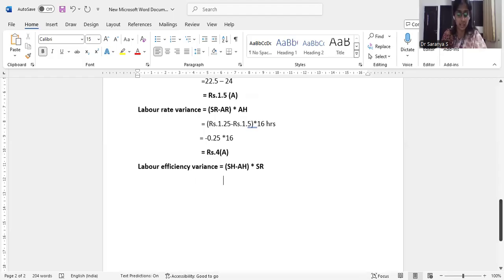Standard hour is 18 hours, minus actual hours taken, 16 hours, into standard rate, rupees 1.25. So 18 minus 16 is 2, into rupees 1.25. It is going to come as a positive figure. 2 into 1.25 is 2.5. Positive figure, so it is 2.5 favorable.